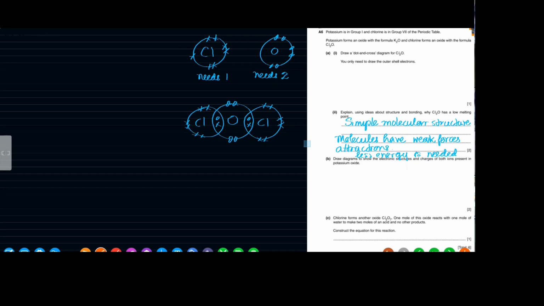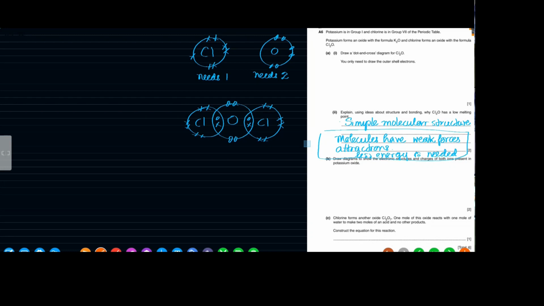Whichever way, just saying less energy is needed is not the main point and is not enough to get the mark.